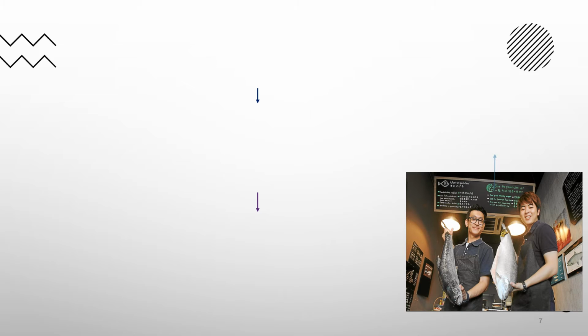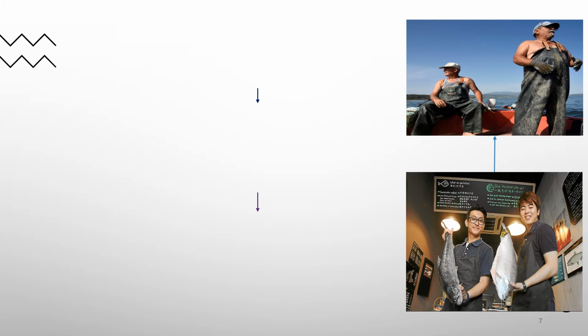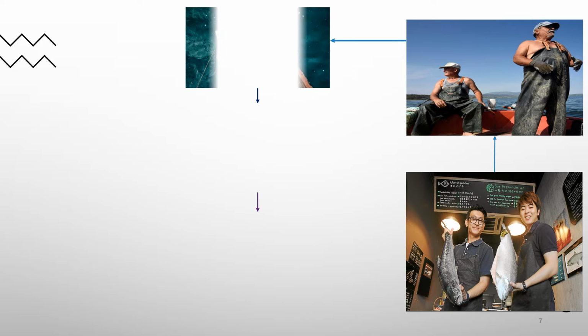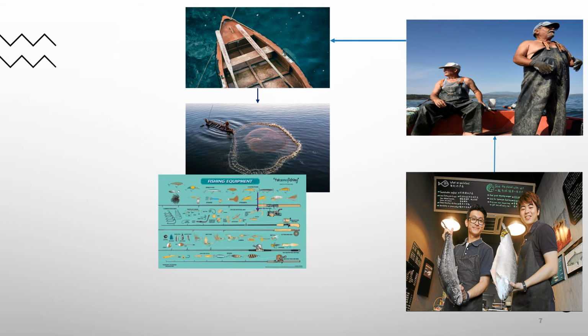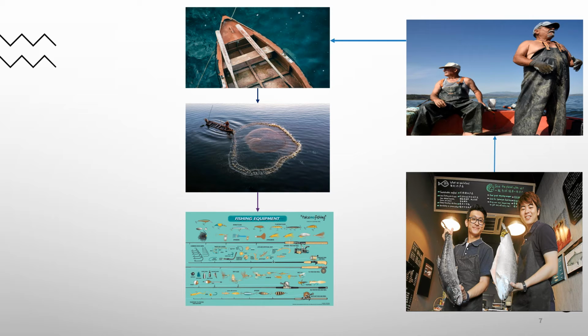The laborers are unskilled labor, they are fishermen. Now the enterprise has employed laborers, and the laborers need capital. They are the fishing boat, net and fishing equipment. All these three things are under capital because these are the equipment used to catch fish.